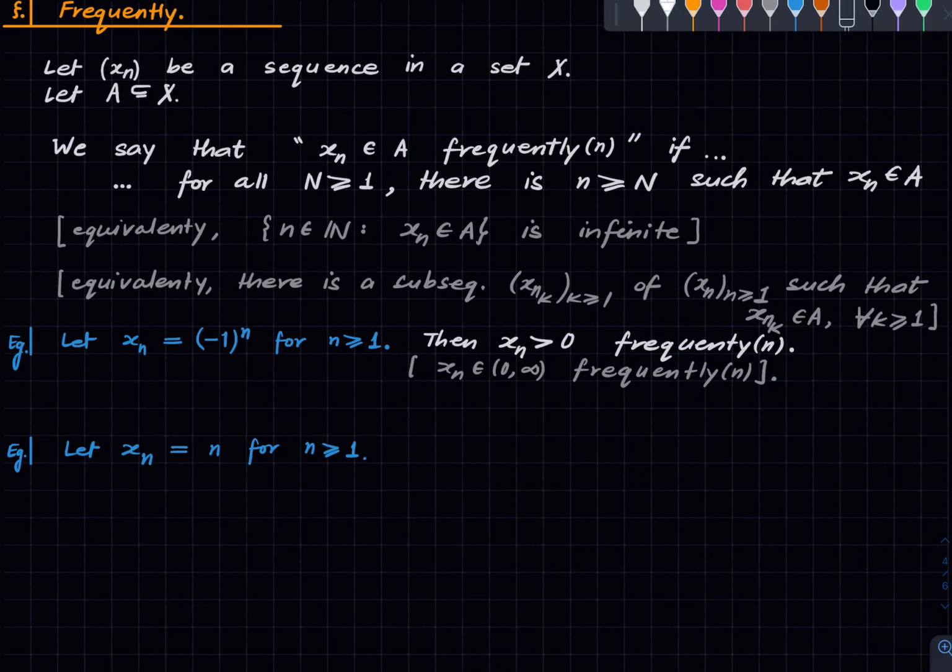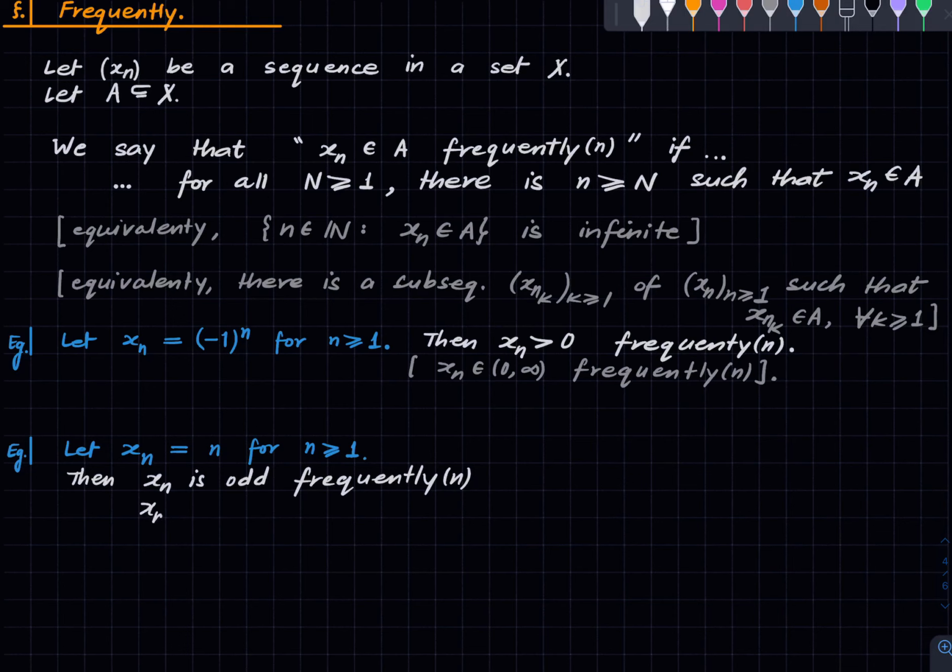Another very simple example is to define xn equal to n for all natural numbers n. Then xn is odd frequently over n. Why? Because it is odd infinitely many times.